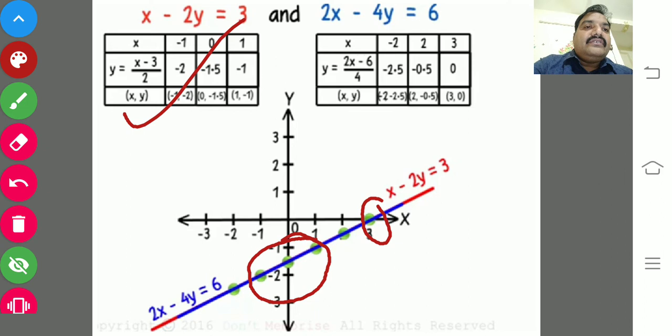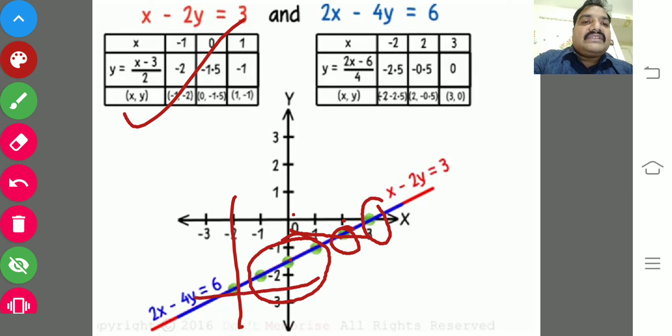So, 3, 0, this is the point. And 2, minus 0.5. Where is the 2? Here is the 2. 0.5 means on the x-axis between 0 and 1, so in the middle. Yes, this is the point. And the next one is minus 2, minus 2.5. Where is minus 2? Here. 2.5 is here. Yes.